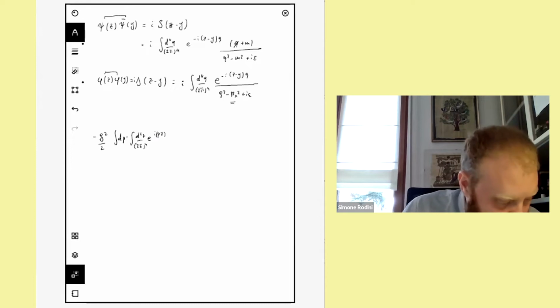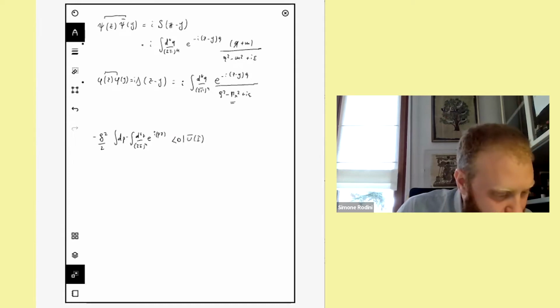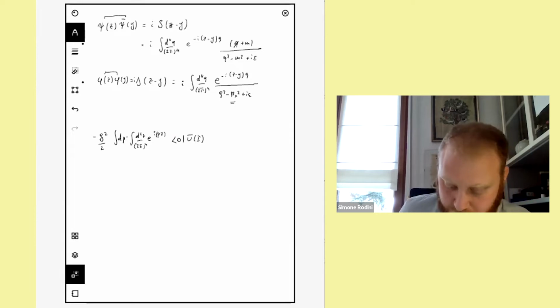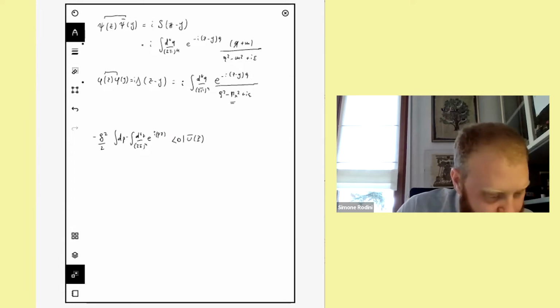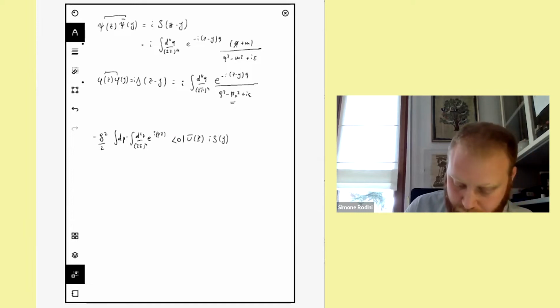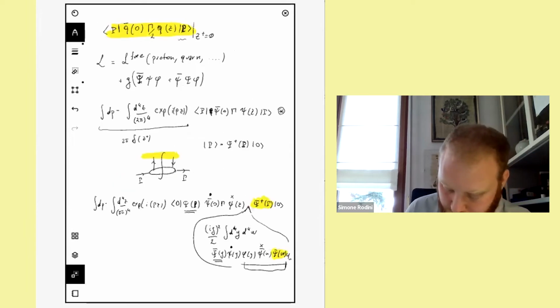And then you have your vacuum, ū(P). As an intermediate step, let's plug in e^{iPy} that comes from this dotted field.